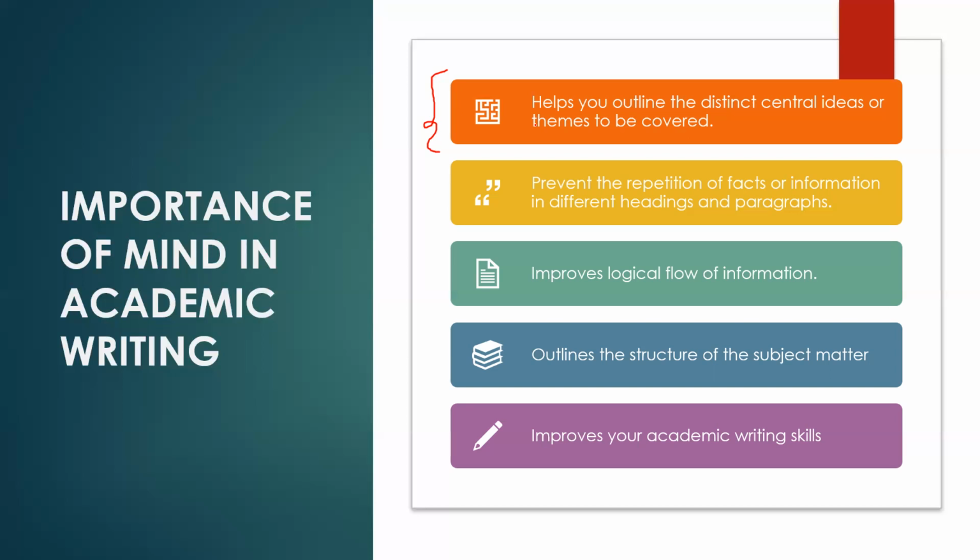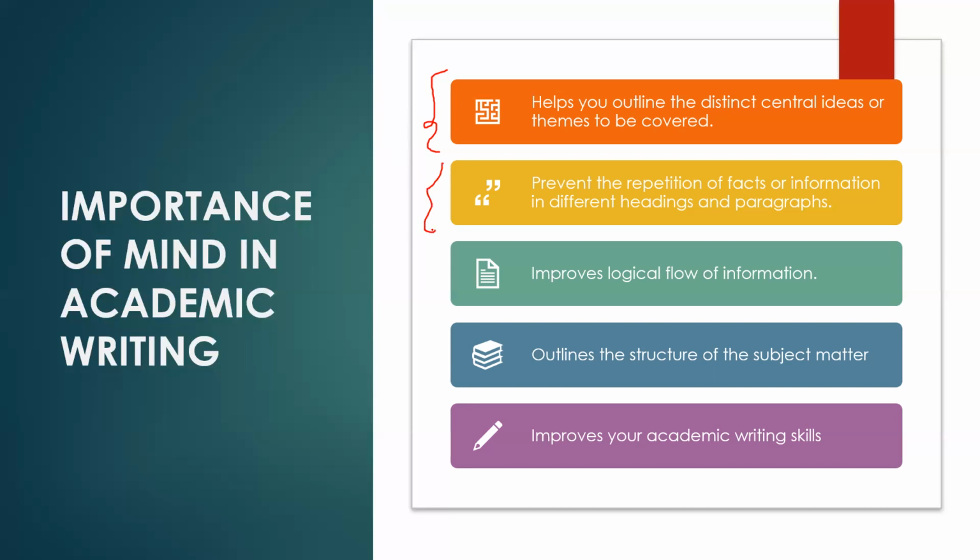The introduction section usually ranges from 1 to 2 pages or 1 to 1.5 pages. So the first thing that you need to know is that the mind map will help you to outline your introduction into distinct central ideas or themes. Okay, so that's the first one.